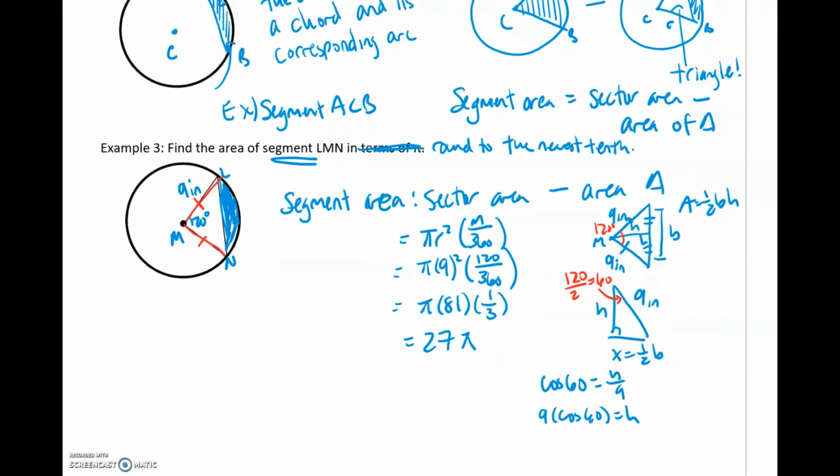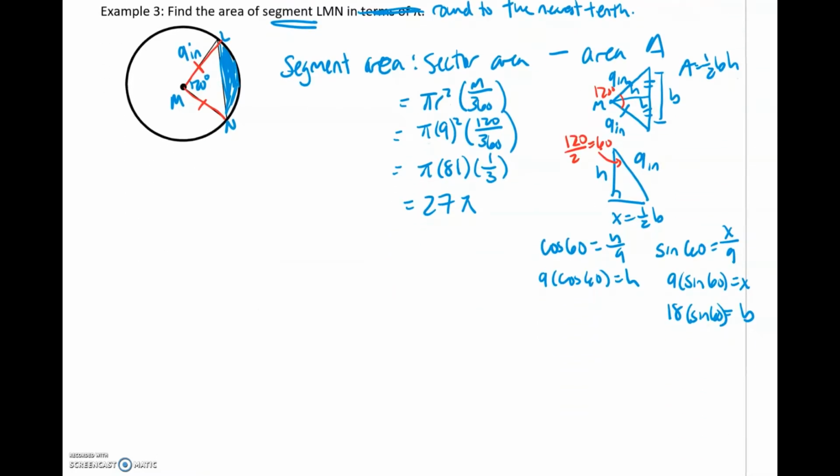X, which is half of my base, is opposite, and I know 9 is still the hypotenuse. Opposite over hypotenuse is sine. Multiply both sides by 9. That's my X, and then I know B is twice that, so 18 times sine 60 is my base.